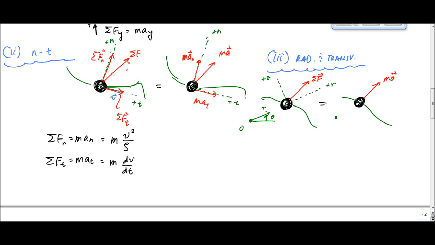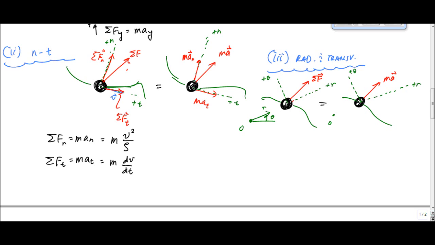And so for this exact same particle, I have established my plus r, or plus radial direction, and my plus theta at 90 degrees. These two drawings are exactly the same, other than that this is the inertial term over here on the ma side, and this is the external forces on the left side. Again, you just break up into components.